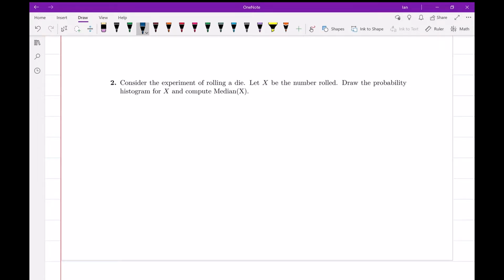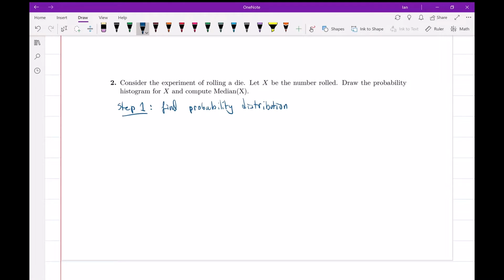Well, the first step, if you want to draw a probability histogram, is we have to know what the probability distribution is. So come up with a table of values and their probability. Step 1, find the probability distribution. In this case, it's not so difficult.